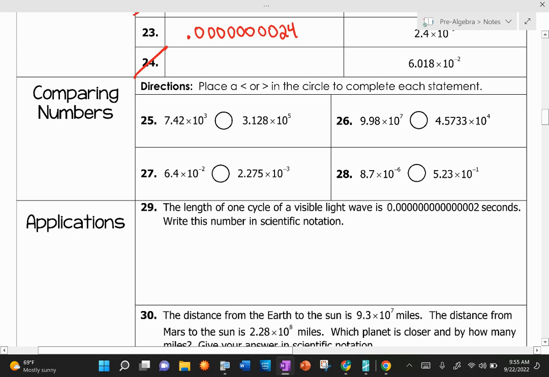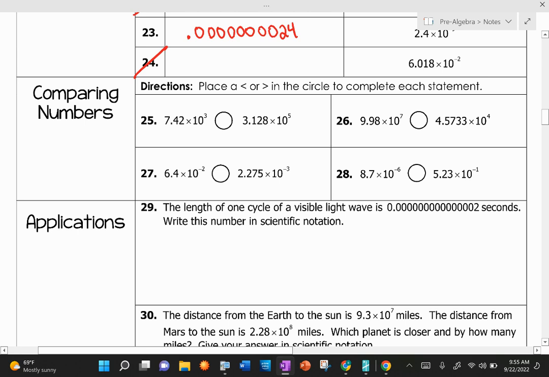Now you can go through the process of writing these out in standard form, or there's one number in particular that we can look at to determine if it's bigger or smaller. Anybody tell me what number that would be?